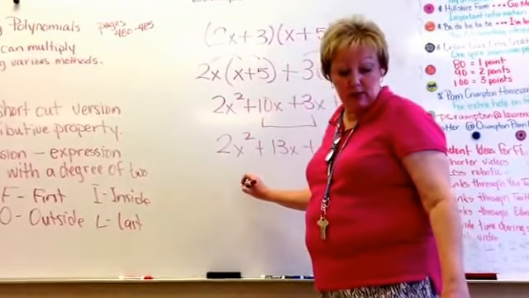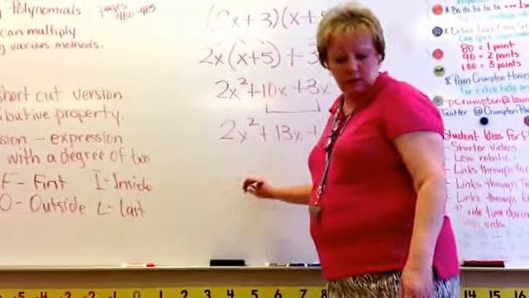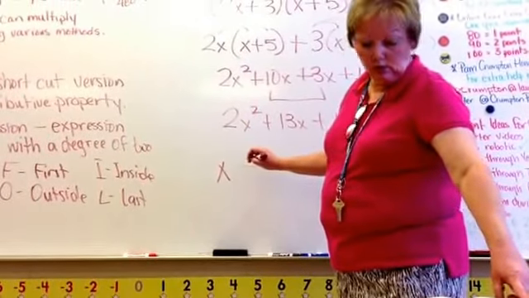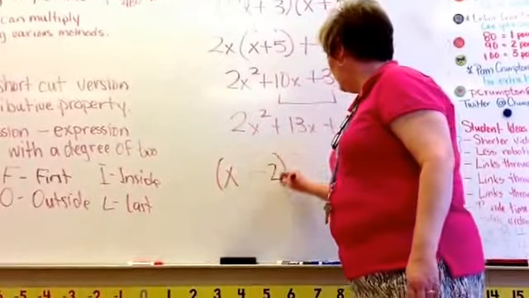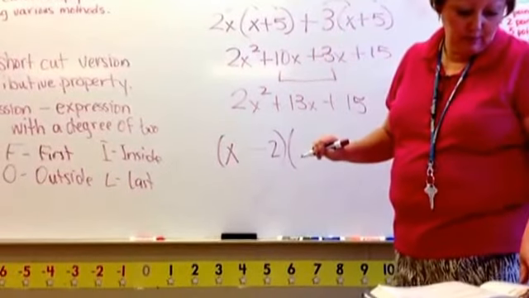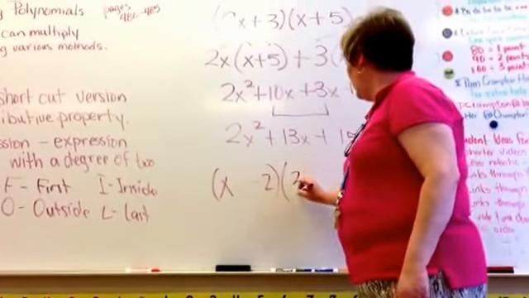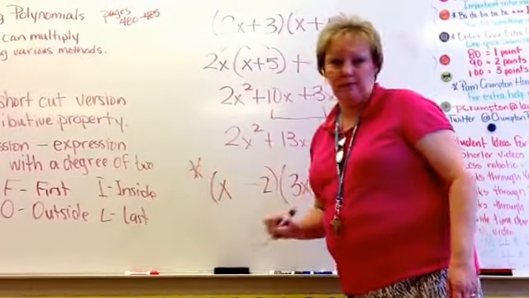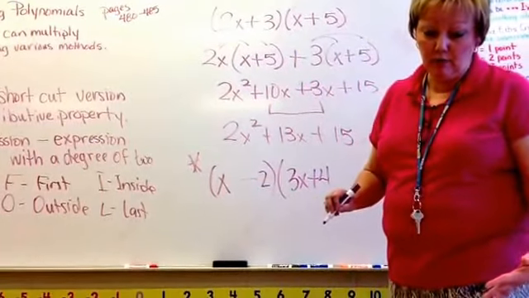Let me write that one down for you. Let's see, x minus 2 times the quantity 3x plus 4. Okay, try that one. Now the answer is in your book for that one.